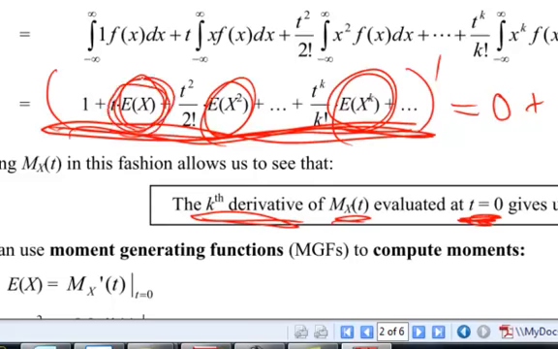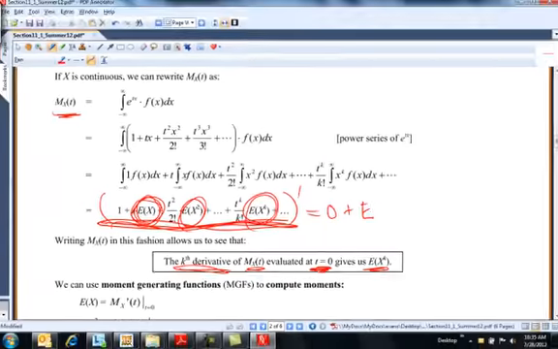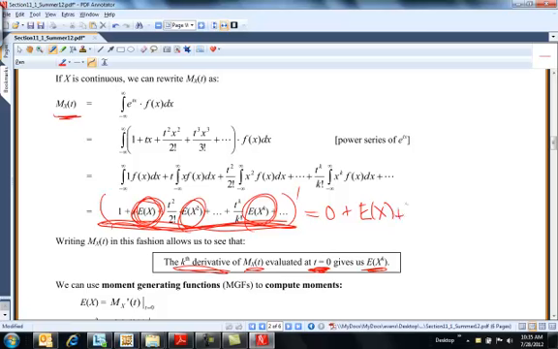First derivative here with respect to t is just expected value of x. And then the first derivative here would be 2t over 2, so this is t, expected value of x squared. Plus the next guy would have been t cubed, so this would be 3t squared over 3 factorial, expected value of x cubed, plus I keep going.